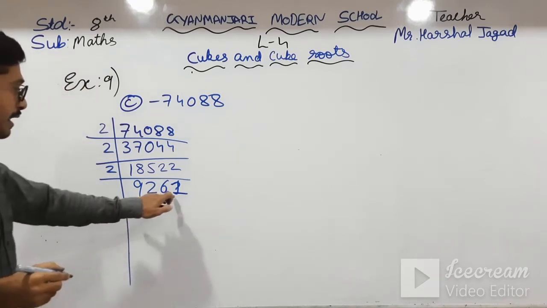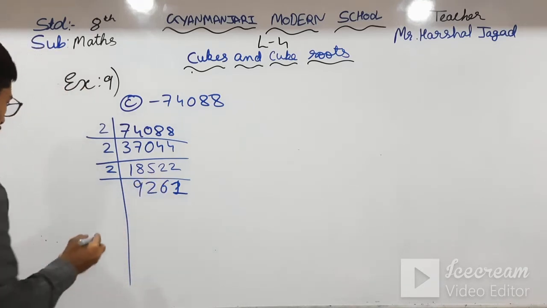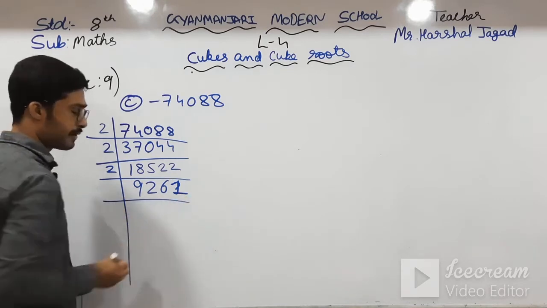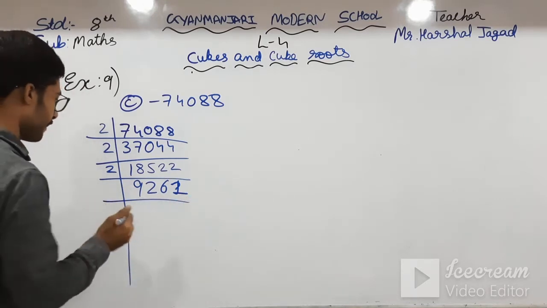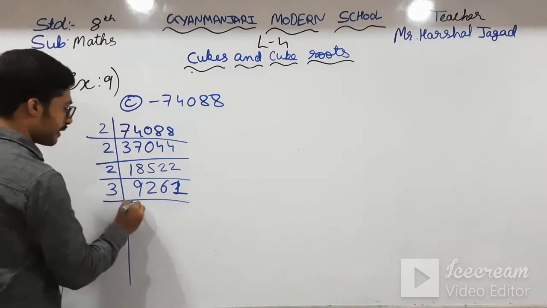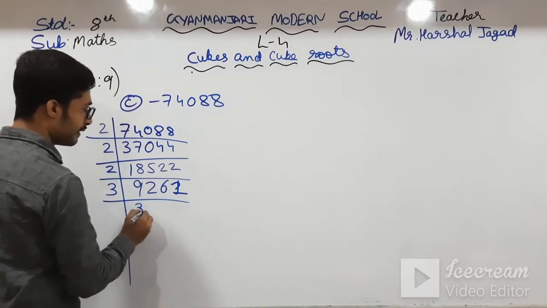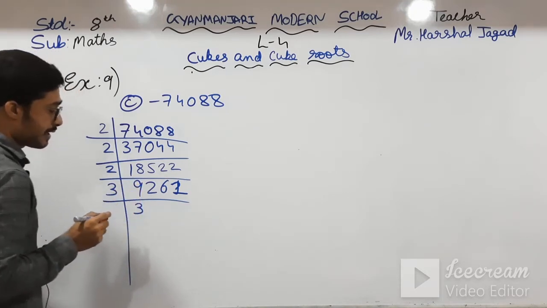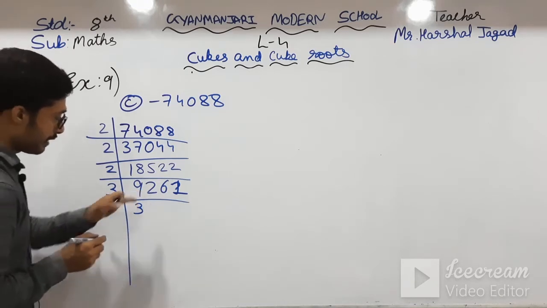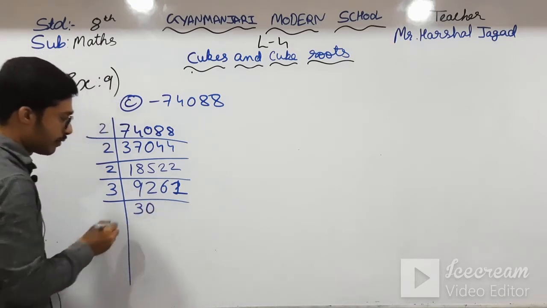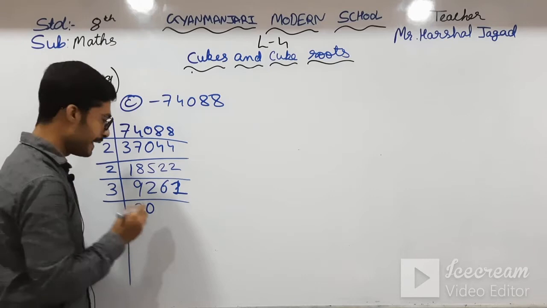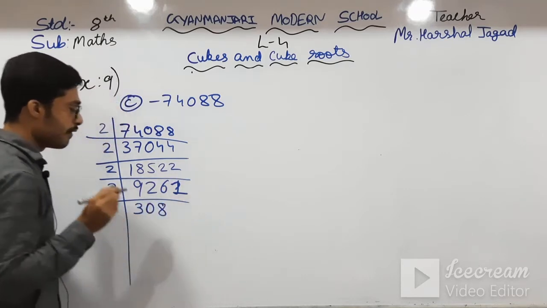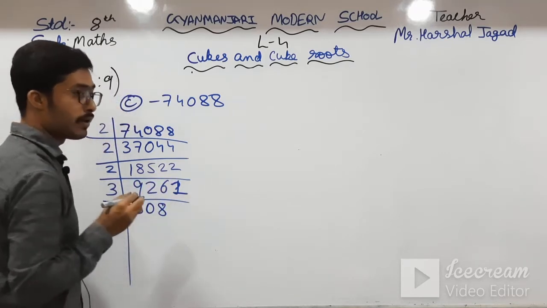Okay students, here we get 1. So which will it divide? 3. 3 3s are 9. Okay students, 3 3s are 9. Then what will happen? Here is 2, then 0. 3 8s are 24. 2 remaining, 21.